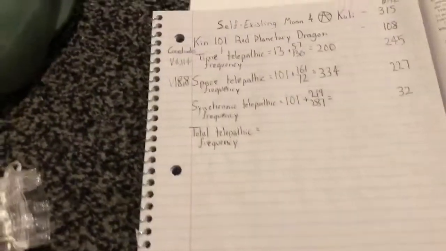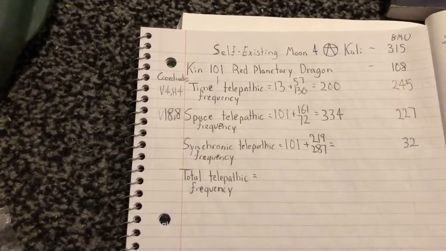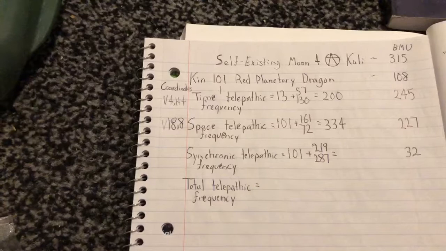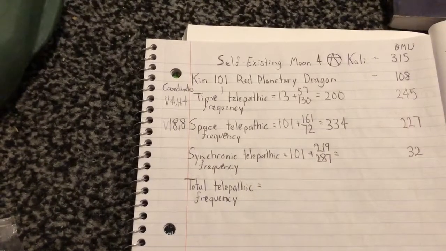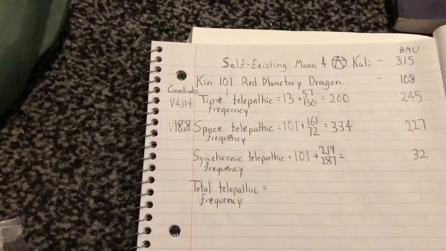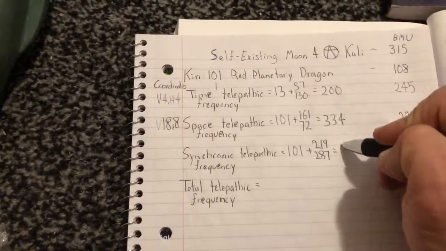So we add those together, and that gives us 607.